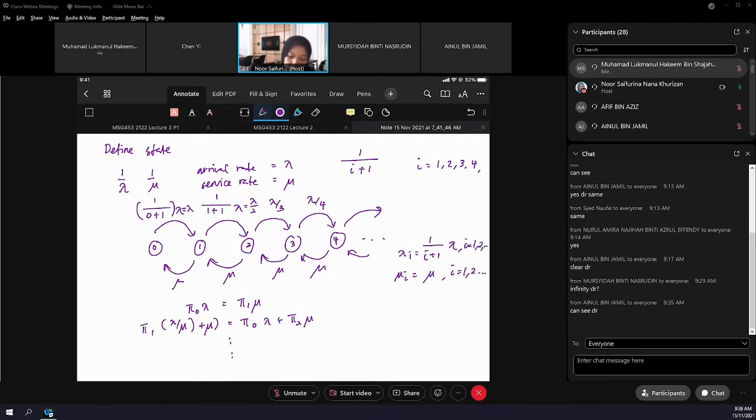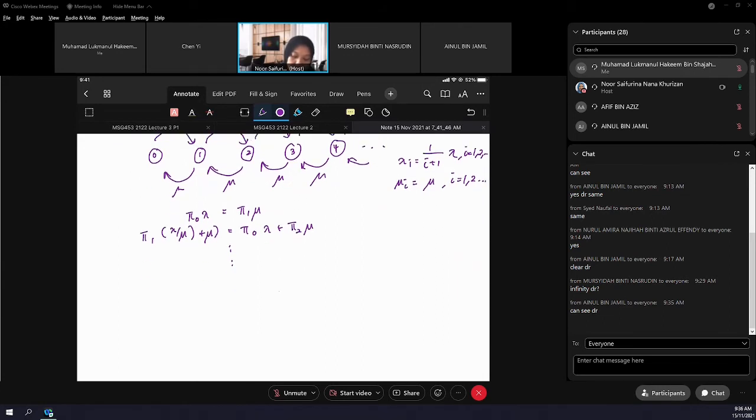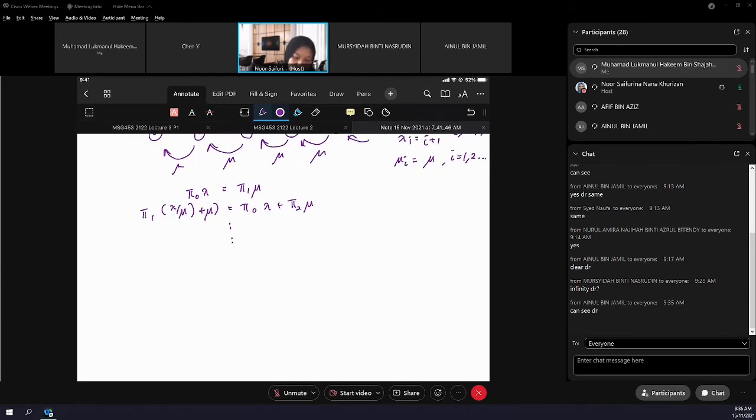Next, express your pi i in terms of pi naught. For your pi 1, you should get lambda over mu pi naught. For your pi 2, please double check, you should get lambda squared over 2 mu squared pi naught.